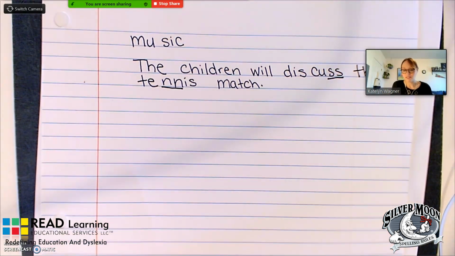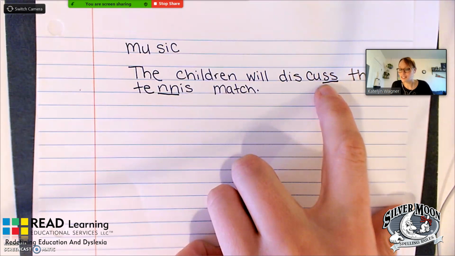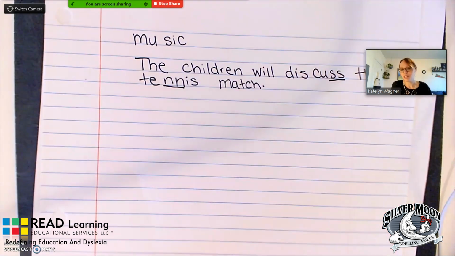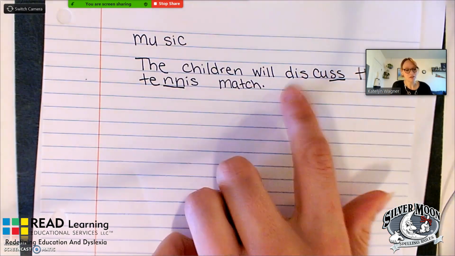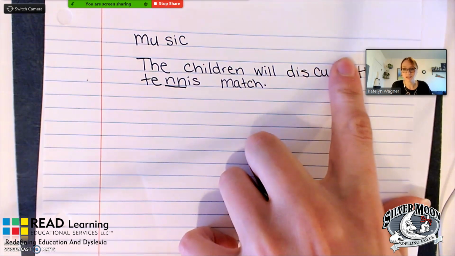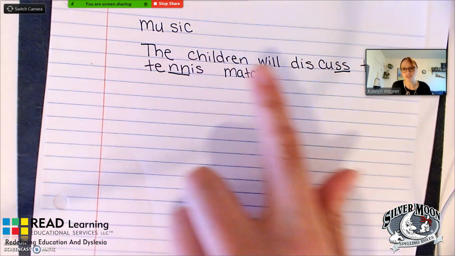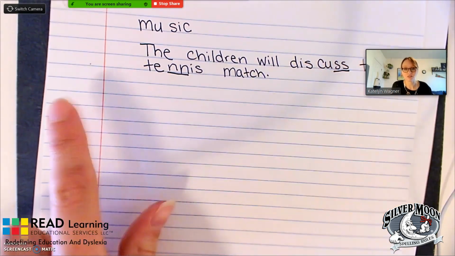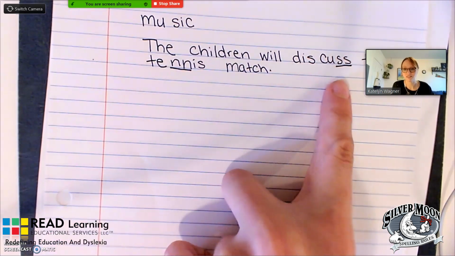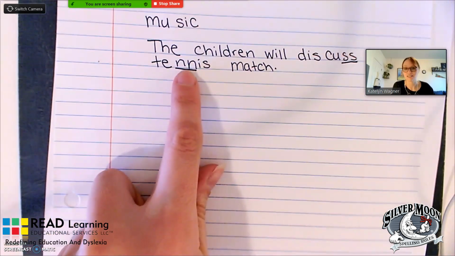Some of my students don't like to interrupt their thought process, and they struggle incorporating the rules as they're writing from the beginning. So what I typically tell those students is spell all the words you can here, and then when you're going back to check your sentence, you can add those additional letters, such as discuss, the double S, and tennis, the double N.